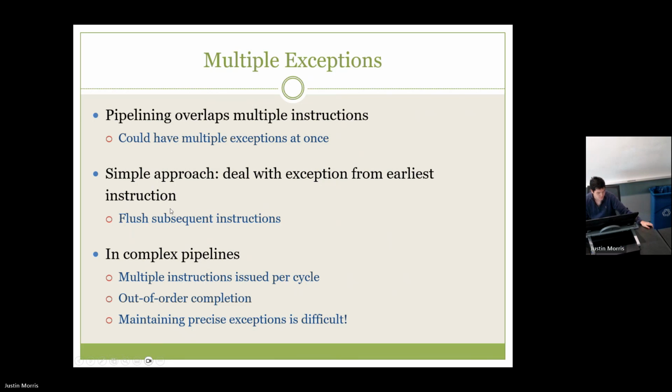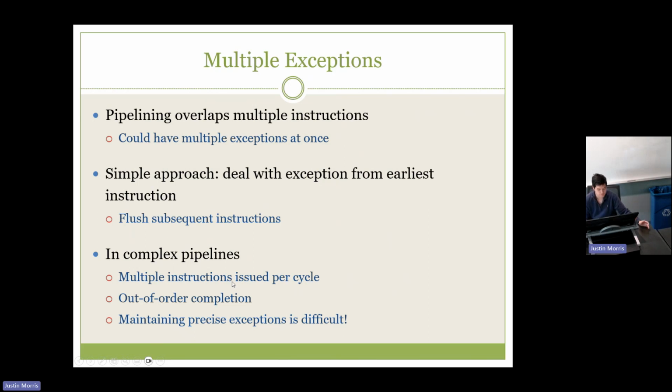But as we talked about, this pipeline and data path we have looked at is very simple, right? It's supposed to be easy to understand and introductory to the topic. This is just an introduction to the data path. But we have talked about how there are more complex pipelines. One of those types is you can fetch multiple instructions per cycle.